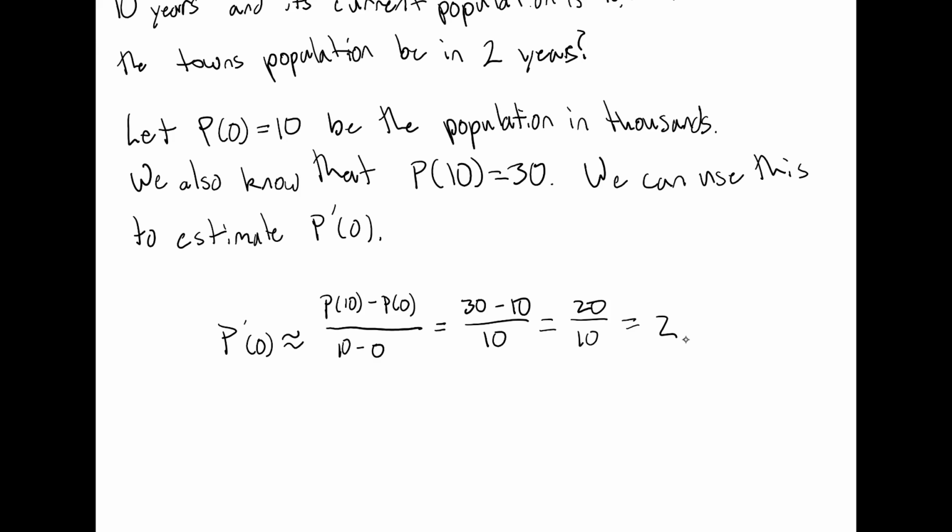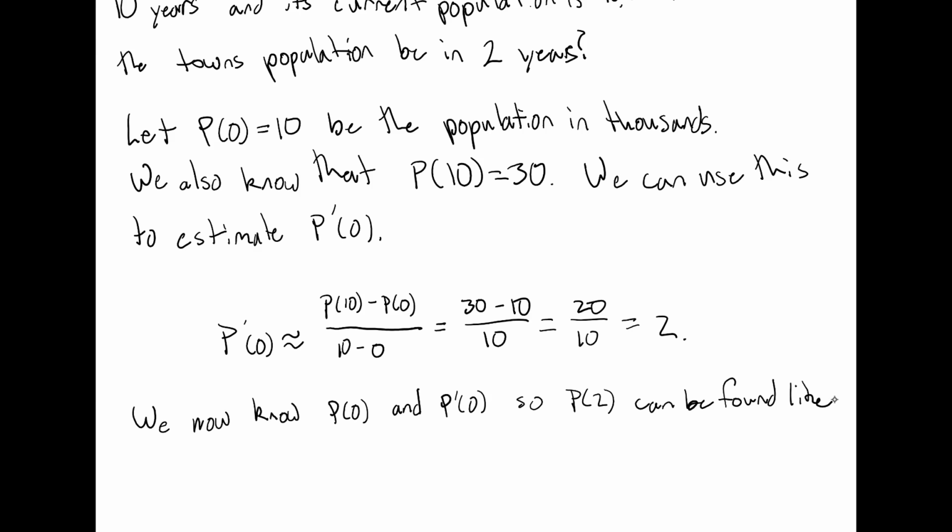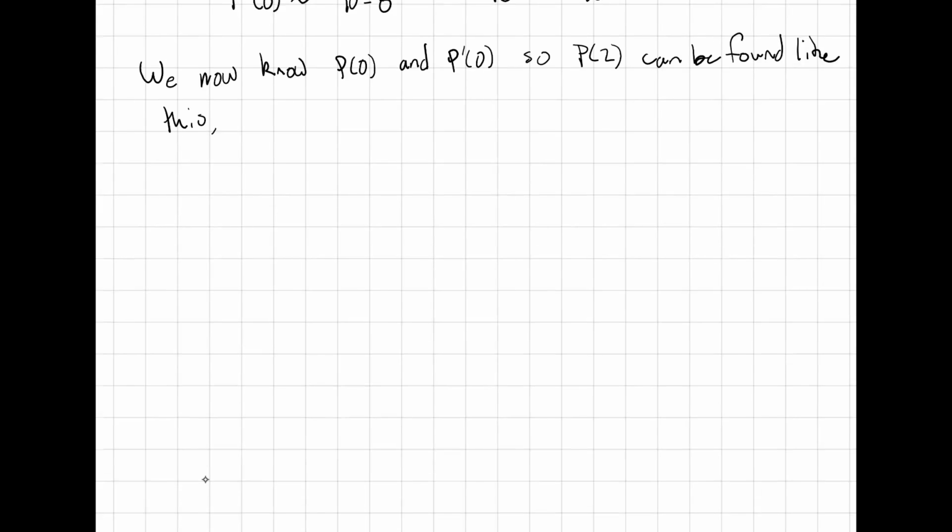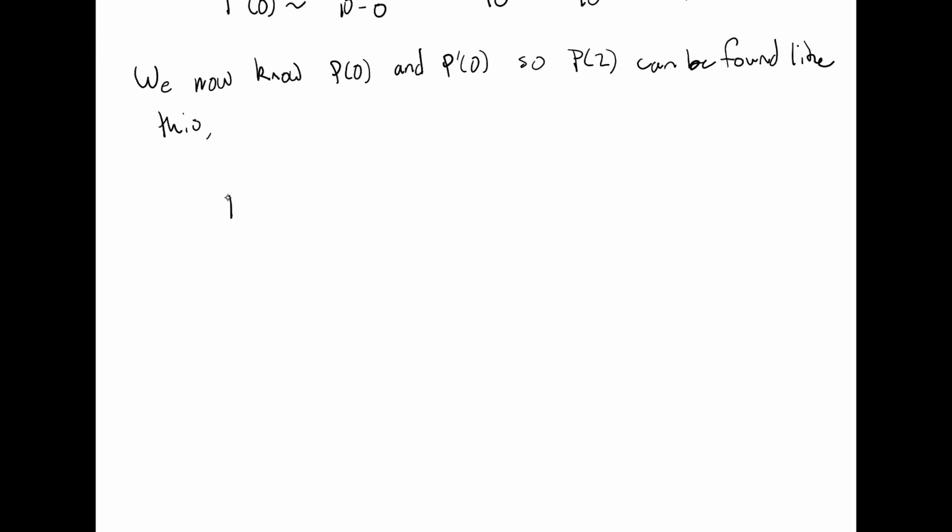So we now know p of 0, p prime of 0. So p of 2 can be found like this. We are looking for p of 2. Okay, this is obviously an approximation. Now we have to think of this as a plus h, right?